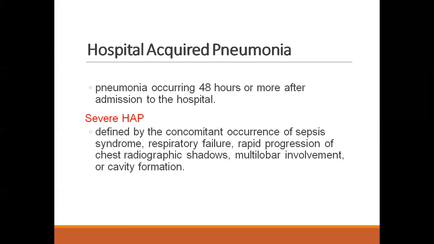Now let's go to hospital-acquired pneumonia. We define it as pneumonia occurring 48 hours or more after admission to the hospital. Severe hospital-acquired pneumonia is defined by the concomitant occurrence of sepsis syndrome, respiratory failure, rapid progression of radiographic shadows, multilobar involvement, or cavity formation.